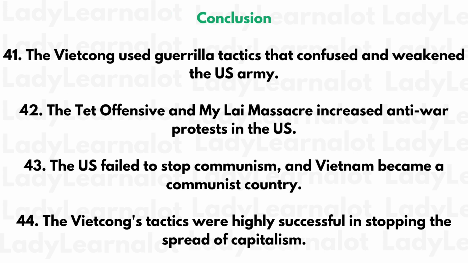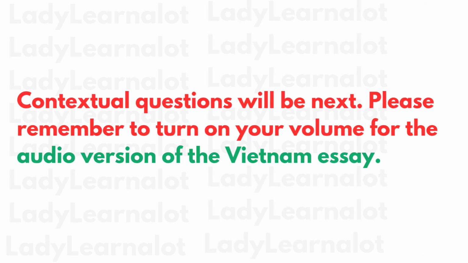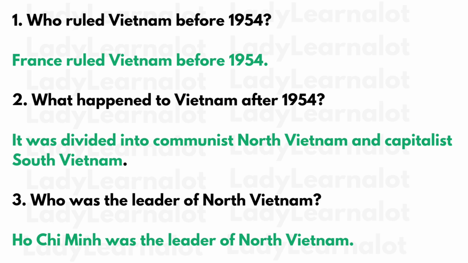Vietnam was ruled by the French until 1954, when it was divided into North and South Vietnam. Ho Chi Minh ruled Communist North Vietnam, while Ngo Dinh Diem ruled capitalist South Vietnam. North Vietnam affected and influenced the Viet Cong in South Vietnam.